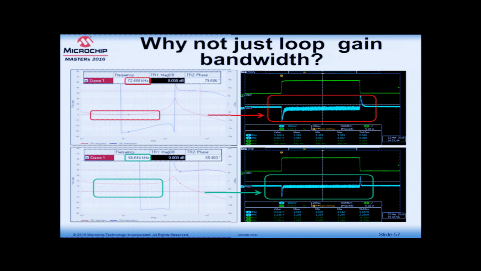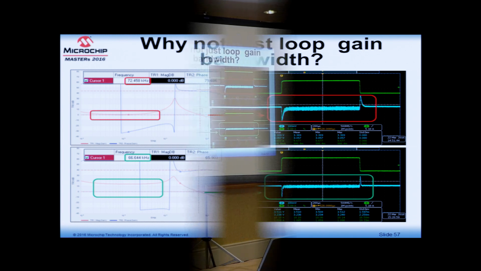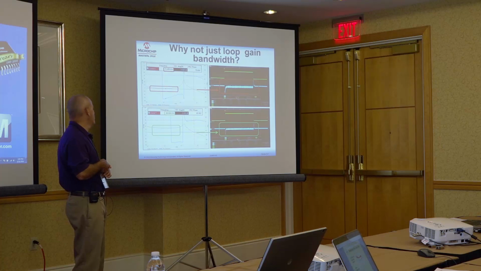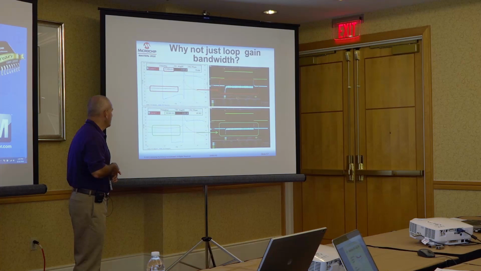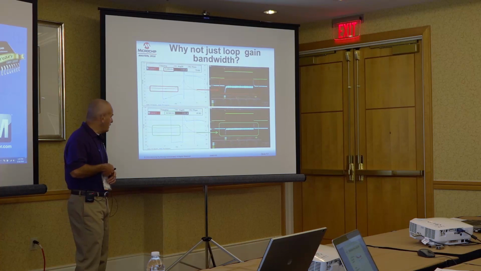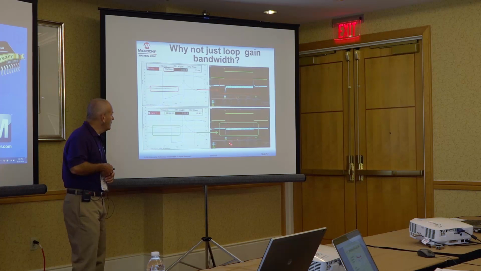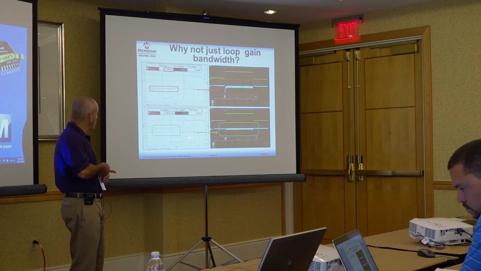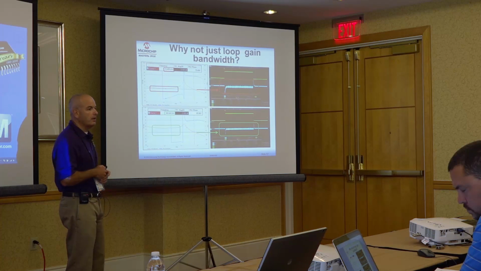The first one has a crossover frequency around 72 kHz, but the loop gain at low frequency is very, very low. The second one has a little bit lower crossover frequency, but has a much, much better and higher loop gain at lower frequency. And here you can see how the quality of the load transient is so much better in the case of a higher loop gain at lower frequency.